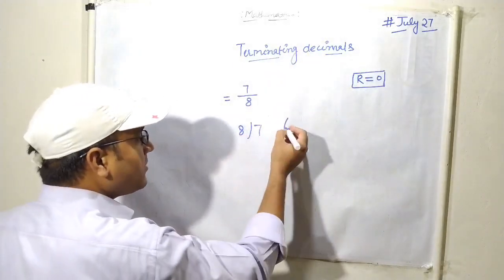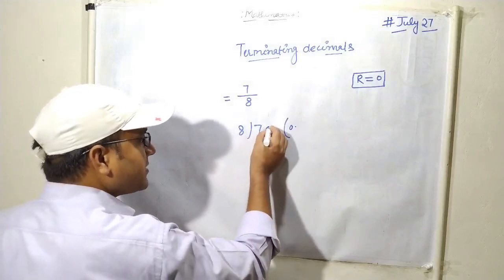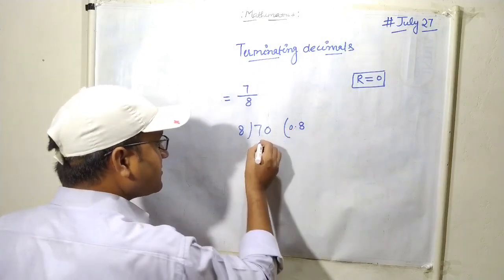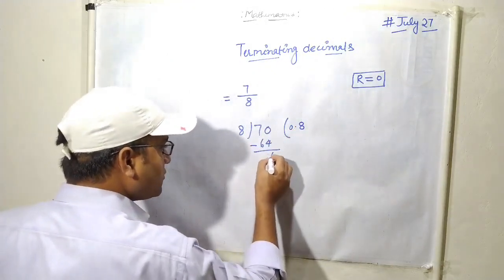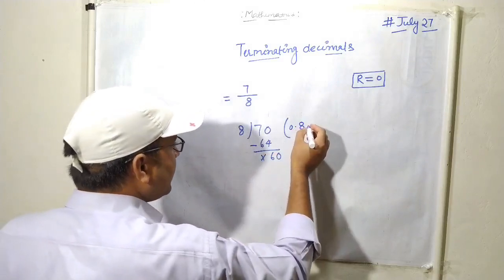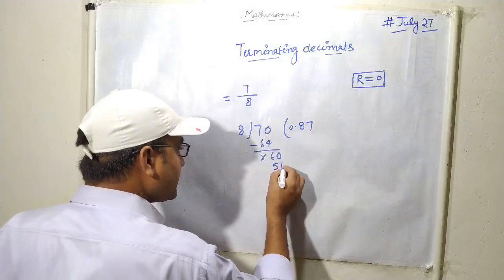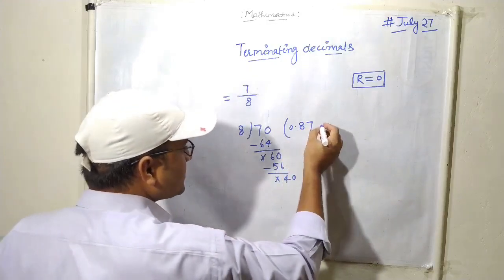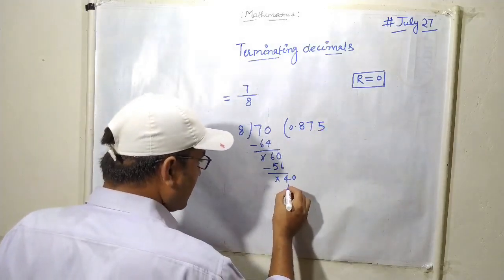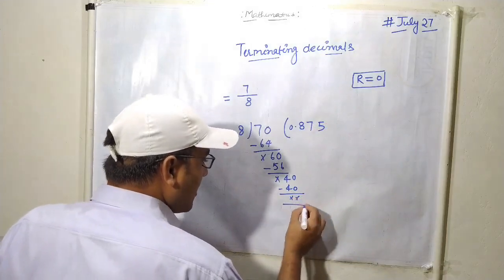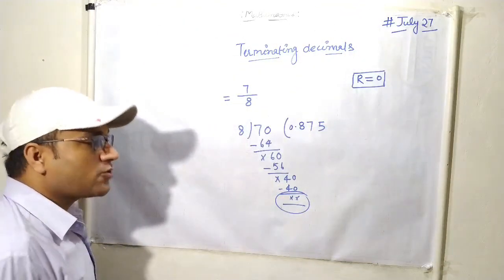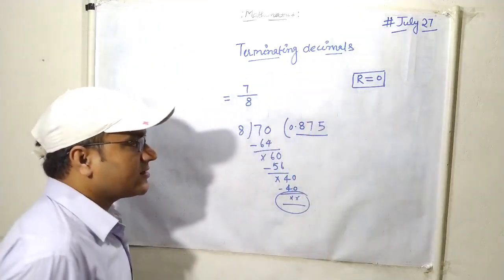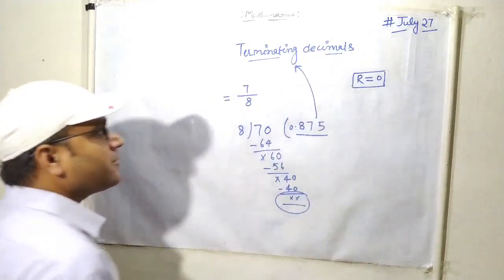See this one, 7 is not divisible by 8, so take a 0 and point, 70. 8 8s are 64, 6 downside cancel out, 60, 8 7s are 56, 4 is there. Then you have taken a decimal, so 0 you will increase in each step. 8 5s are 40. So you can see this, after a few steps its remainder is equal to 0, so the given quotient is representing a terminating decimal.